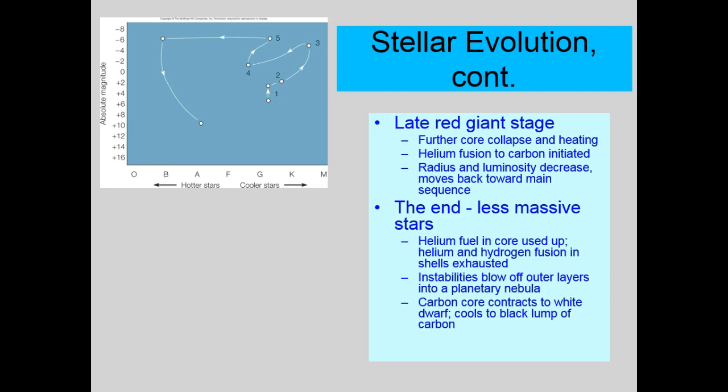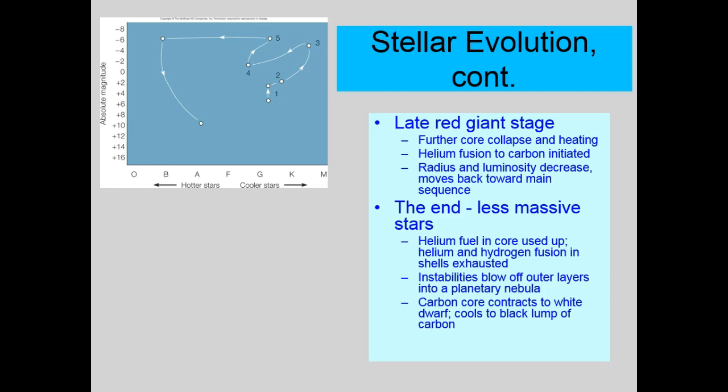So it goes from being a white dwarf to a black lump of carbon. And because of that white dwarf, remember, very high temperatures, enormous pressures, carbon, Lucy in the sky. Okay, that's where that came from. Okay, so that's your least massive star.